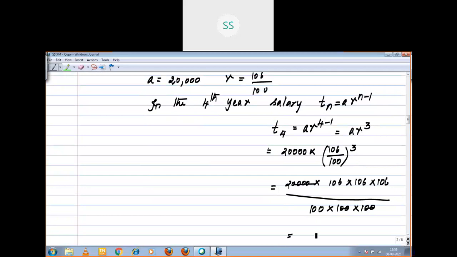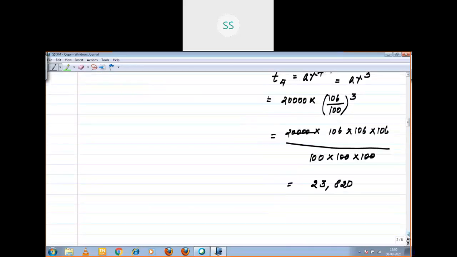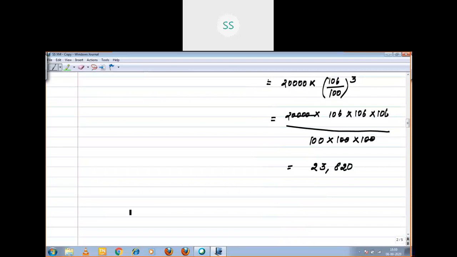Now we arrive the result as 23,820. Right? Salary in the fourth year equal to rupees 23,820 by offer A.